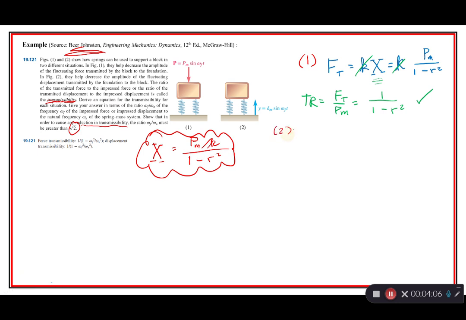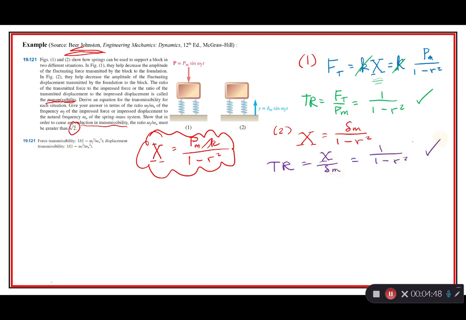For situation 2, we recognize that we have a relationship of delta_m over 1 minus r squared instead of this guy over here. So an equivalent thing was placed over there. It really appears to us in terms of our first thing that we already did pretty easily, that our transmissibility TR is going to be x, which is our output, divided by our delta_m, which is equal to the same thing.